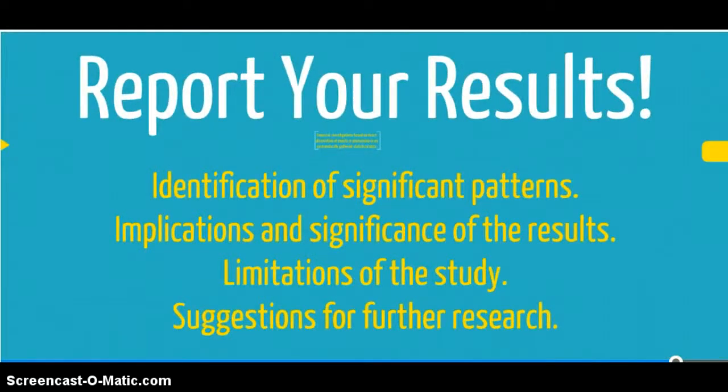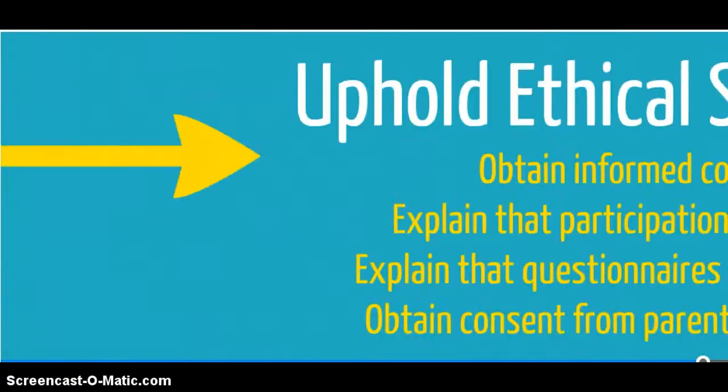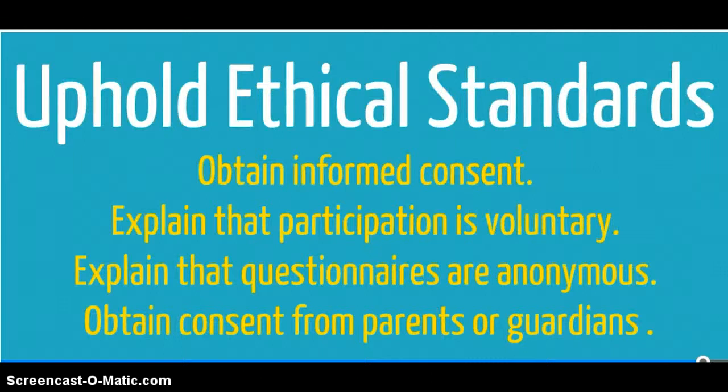Reporting information this way typically begins with an identification of significant patterns and speculations about their causes. Then there is some discussion of the implications and significance of the results, the limitations of the study, and the suggestions for future research.